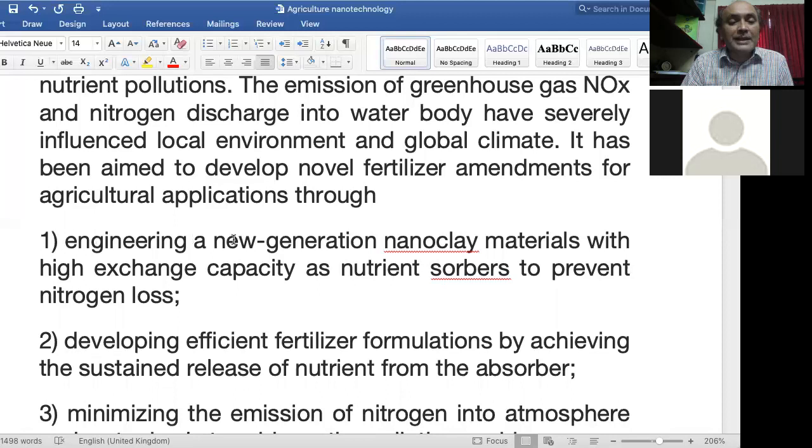So if you can engineer a new generation of nano clay materials with high exchange capacity as nutrient absorbers to prevent nitrogen loss, that would be very interesting. If we can make nano clay materials and apply them into the soil, then they can absorb the nitrogen ions and not allow loss through leaching.